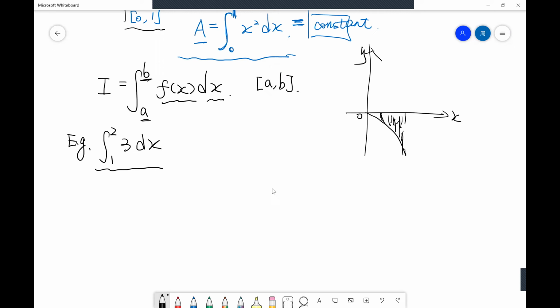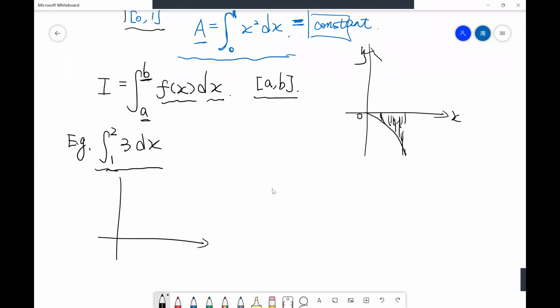So here you should think about the geometric meaning of the definite integral. As we have talked about, the lower limit is 1, and the upper limit here is 2. So that means the interval is from 1 to 2, right?